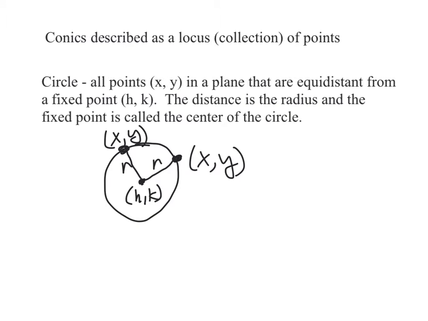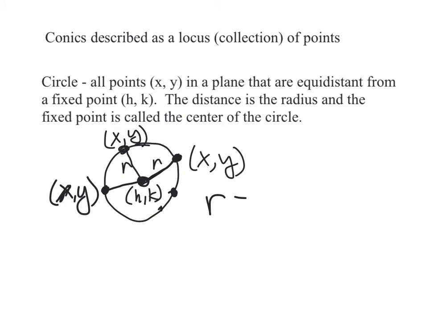So as we look at the graph of this circle, we have all of these points on the circle, and in general we call them x, y. Might be 2, 1, might be 0, -4, something like that. Because we're defining it as the distance, we can take the distance from h, k out to any of these points here on the circle.